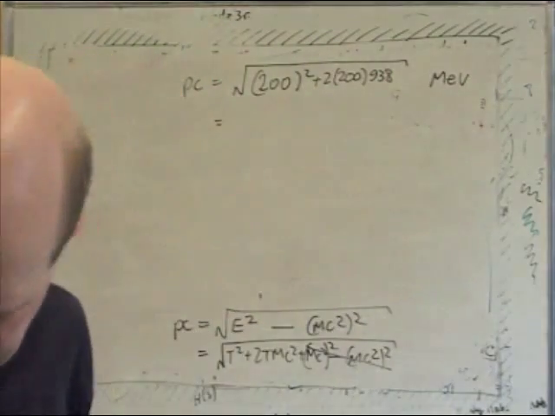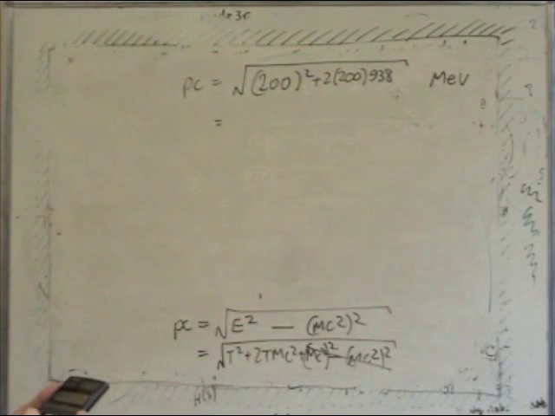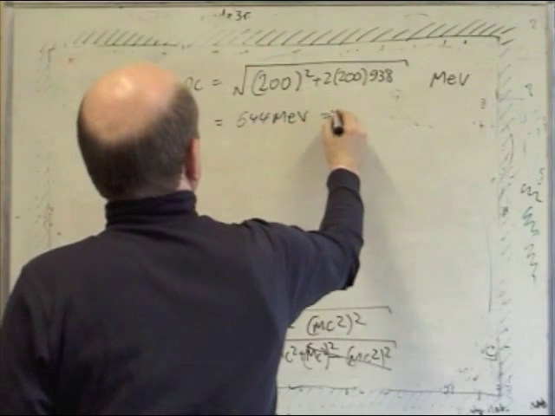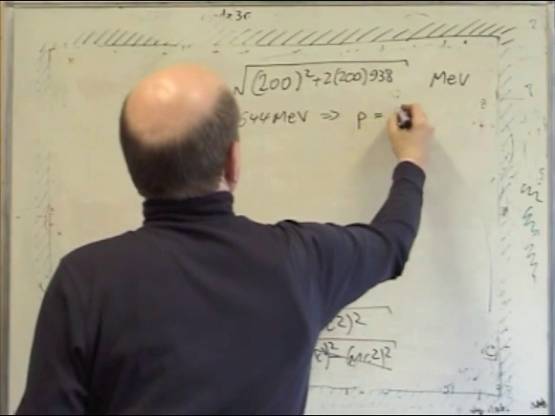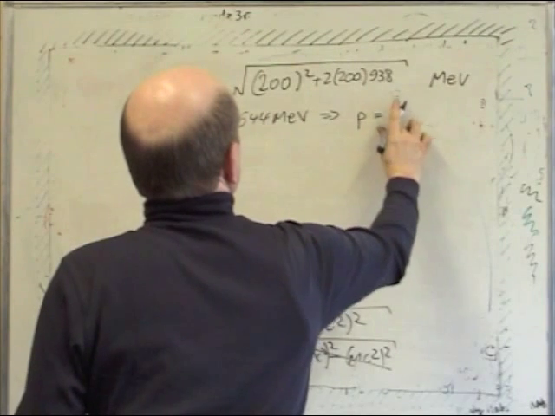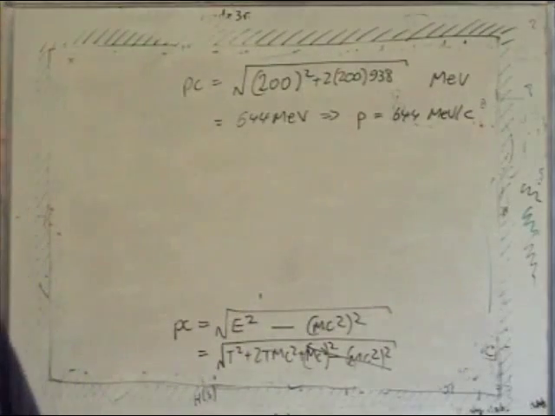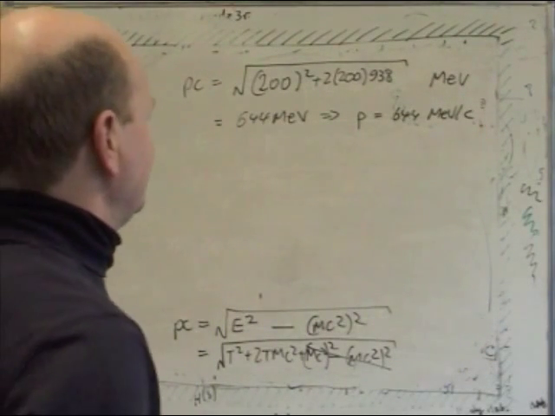Let's do the square root of 200 squared plus 2 times 200 times 938, and we get 644 MeV, which implies that the momentum of the proton is 644 MeV upon C. There is no need to substitute in C equals 3 times 10 to the 8 meters a second.